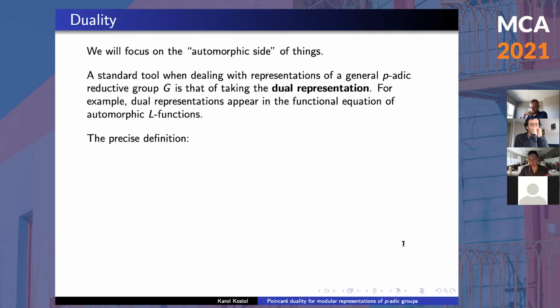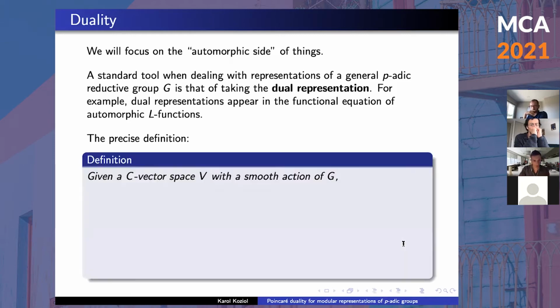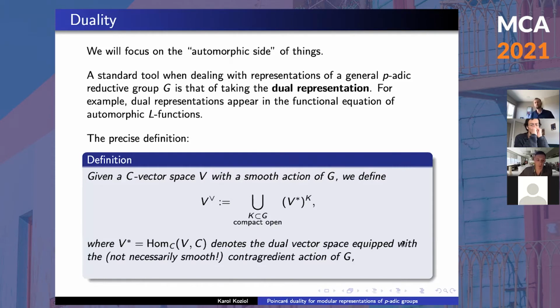So let me give the precise definition because it's going to come into play later. If I'm given a C-vector space, and again, C here is going to be an arbitrary field until I say otherwise, with a smooth action of G, then I'm going to define V check to be the following thing. It's the union over K of (V star) upper K, where V star is just the linear dual of the vector space V, which is equipped with a not necessarily smooth action of G. So if V is infinite dimensional, for example, the action on V star is not going to be smooth anymore.